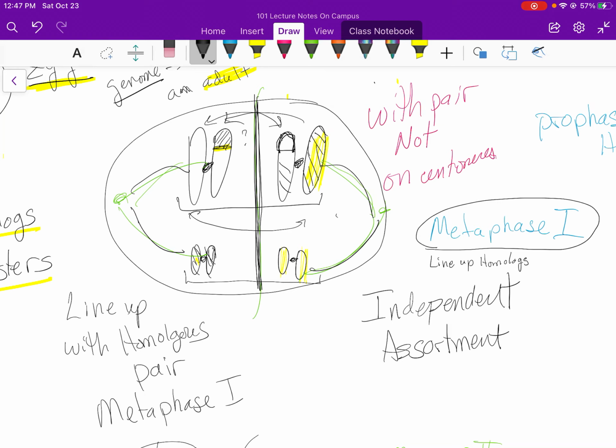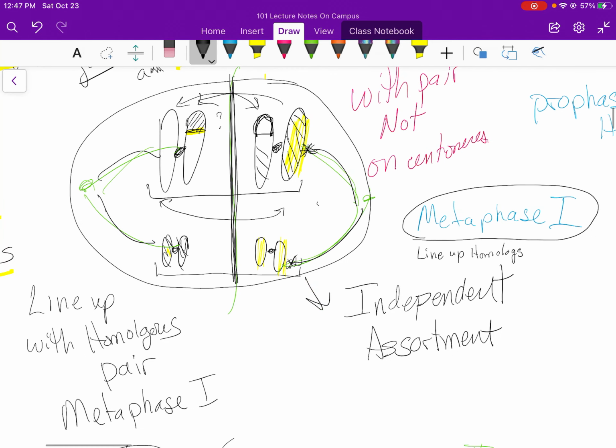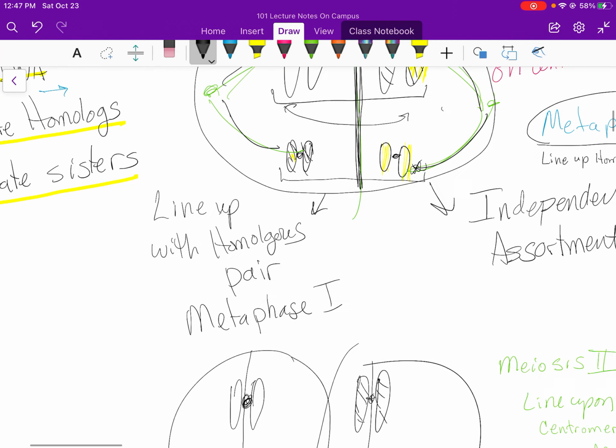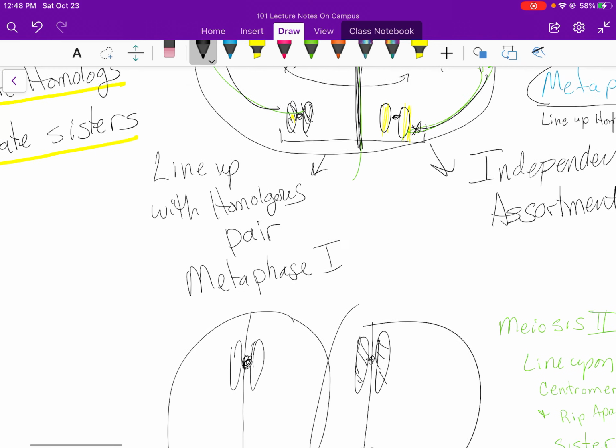When the spindle fiber connects, bing, right here and right here, it could be on either one of the pairs, either the clear one or the stripy one. And as a result, each of these descendant cells that come out of this will have a combination of stripy and clear chromosomes.